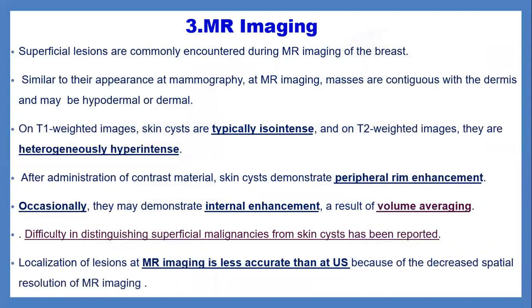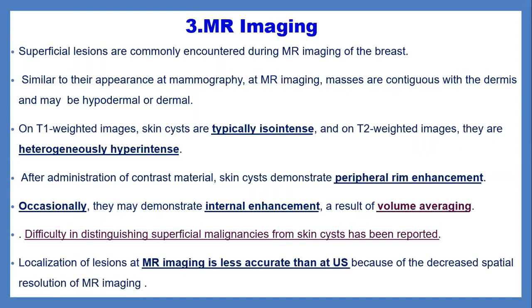The dermal lesions on MRI, which include the sebaceous and epidermal inclusion cysts, typically appear isointense on T1 and hyperintense or heterogeneously hyperintense on T2, and generally give rim enhancement.